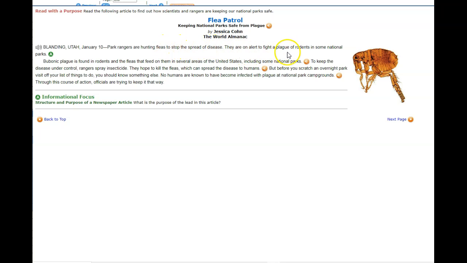They are on alert to fight a plague of rodents in some national parks. Bubonic plague is found in rodents and the fleas that feed on them in several areas of the United States, including some national parks. To keep the disease under control, rangers spray insecticide. They hope to kill the fleas, which can spread the disease to humans.